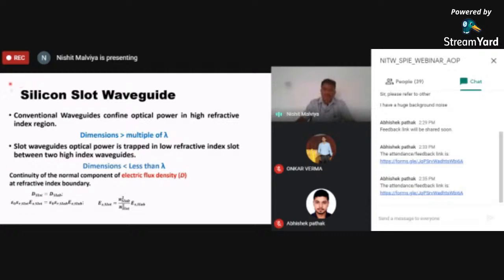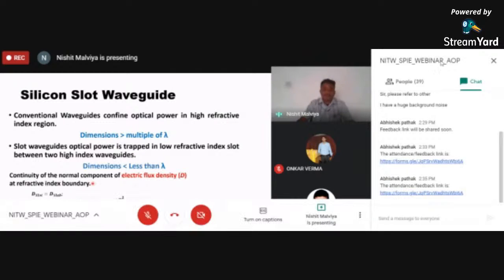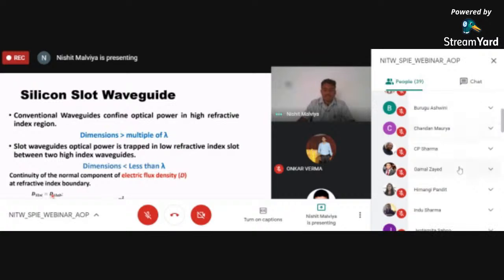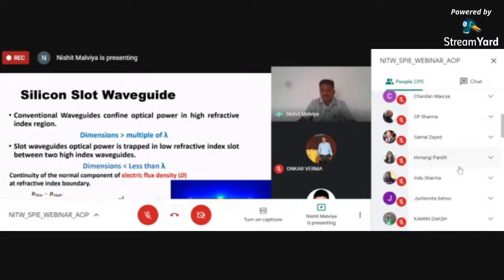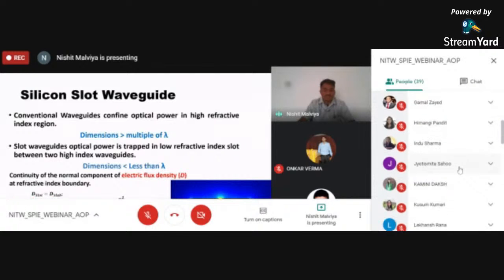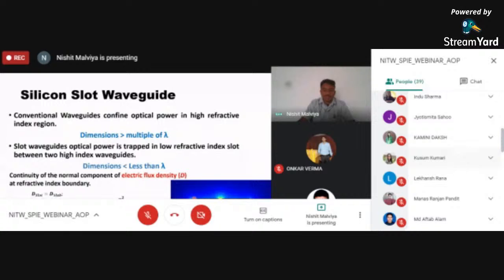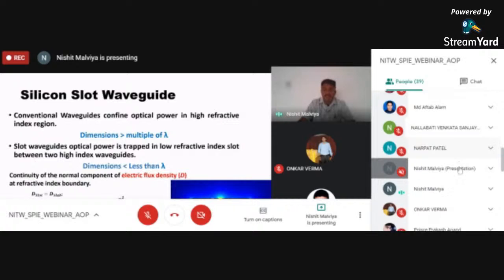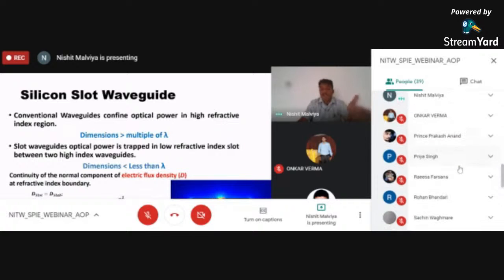Now again, we are talking about a boundary condition, the fundamental things. The normal component of the electric flux density at the refractive index boundary is continuous, so D slot is equal to D slab. Also, the normal component of the electric field is discontinuous here, but the tangential component is continuous.